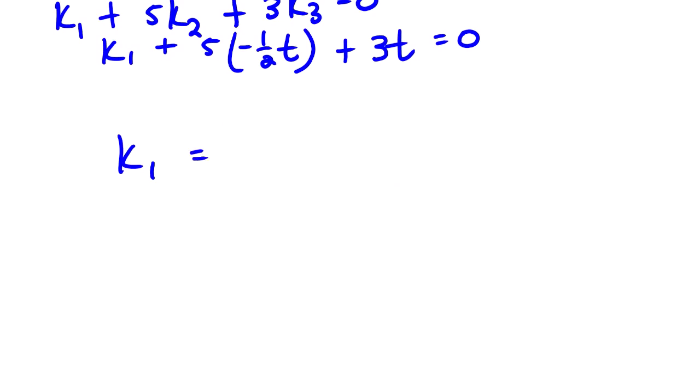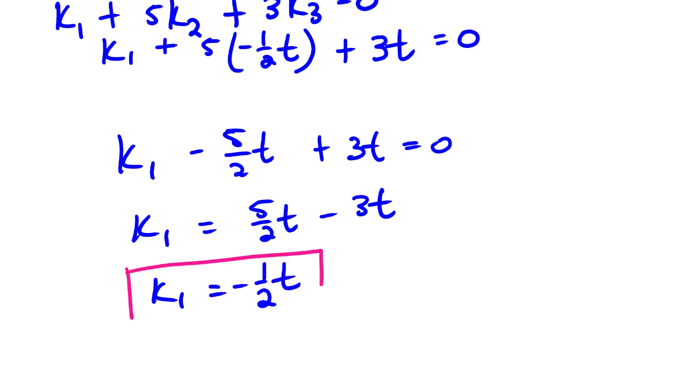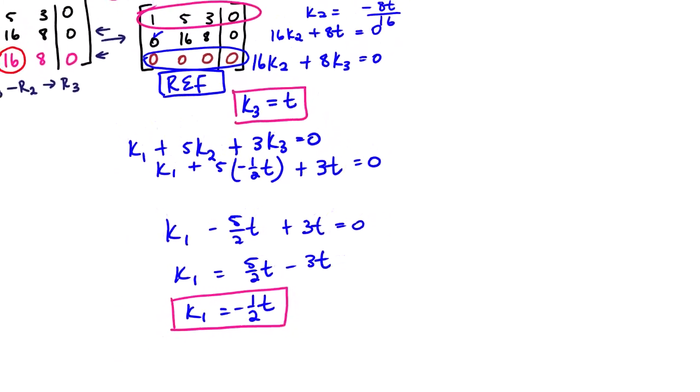So k1 equals positive 5 over 2 t minus 3t, and then k1 equals negative 1 over 2 t. So we can see that the values of k are not zeros.